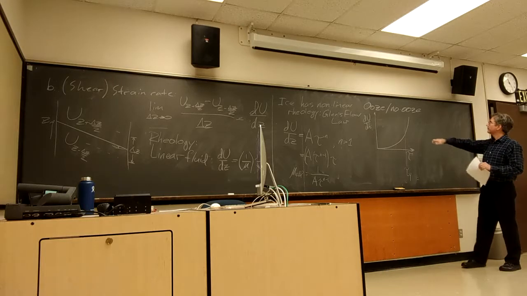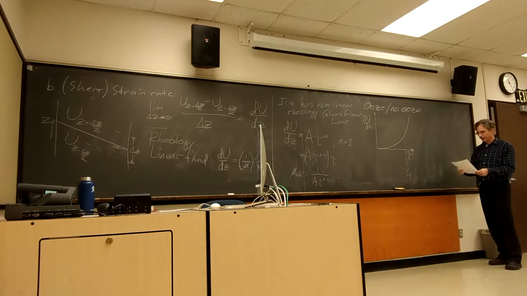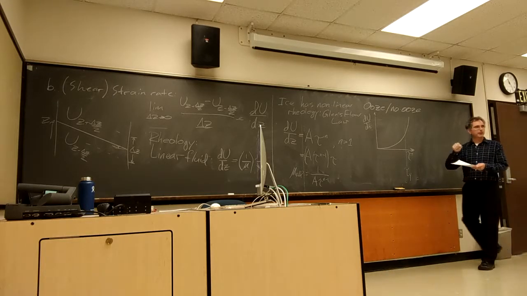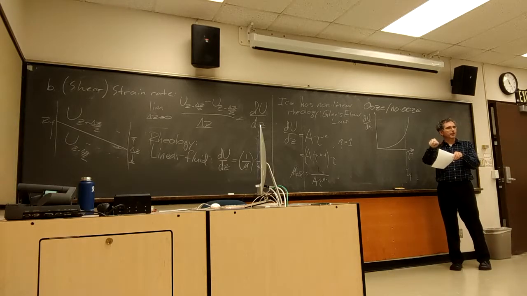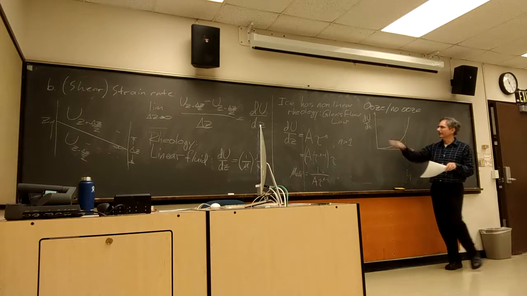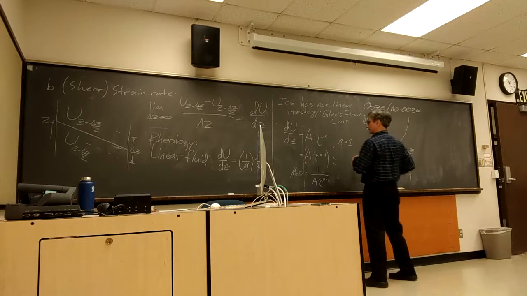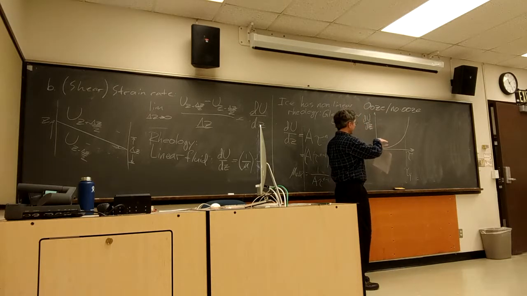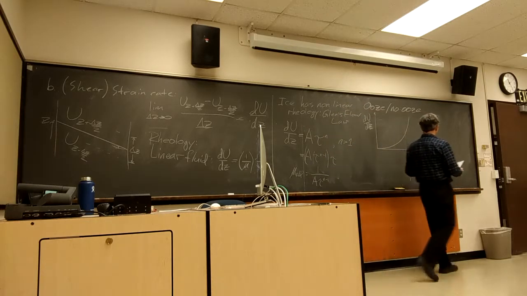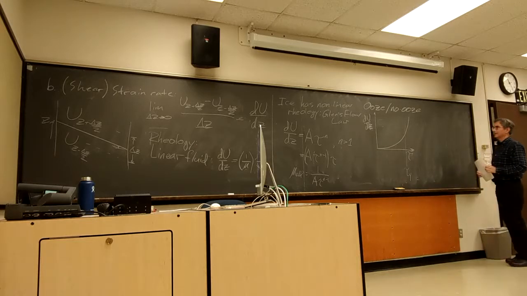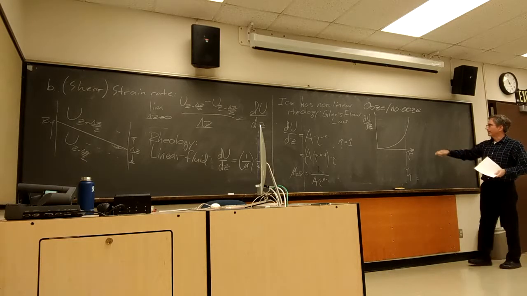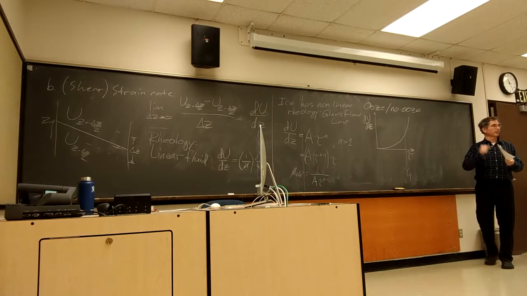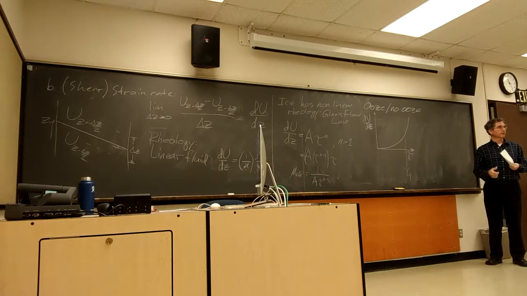Or, yeah, the strain rate is 0 until then. That strain rate within the material is not moving until I get to some yield strength, and then we get high velocity or high deformation.